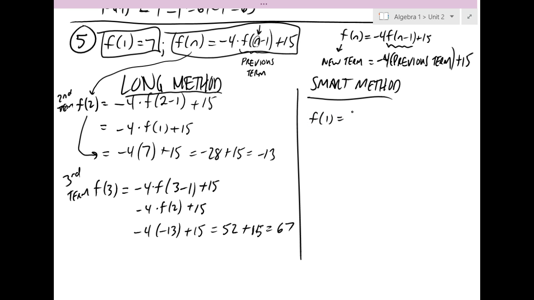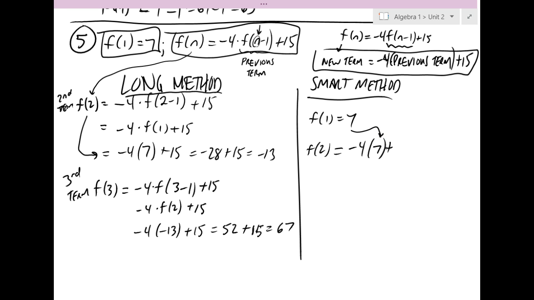F of 1 is 7. So f of 2, according to our sentence that we wrote up here, is, to get my next answer, I do negative 4 times my previous answer plus 15. And that is negative 13.